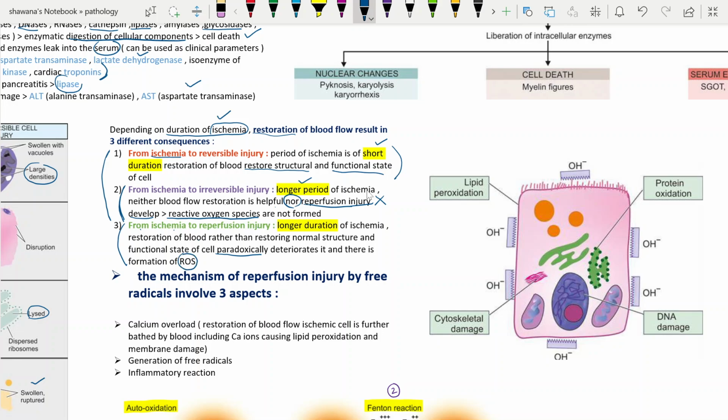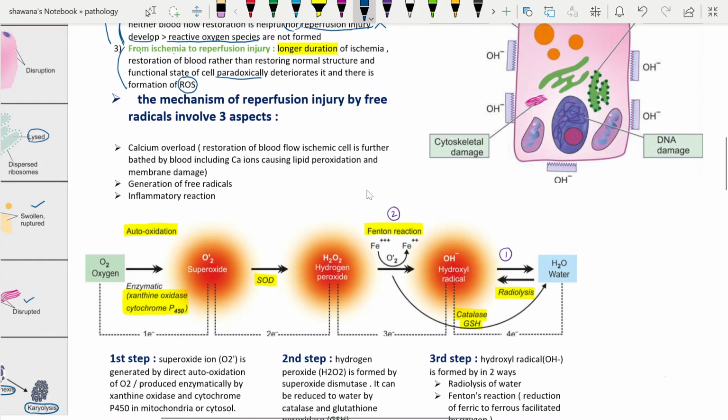Okay, and these are the three consequences of the restoration of the blood flow depending on the duration of ischemia. The mechanism of reperfusion injury has three aspects. The first, the most important, is the formation of free radicals. The second is the inflammatory reaction, and the third one is calcium overload.